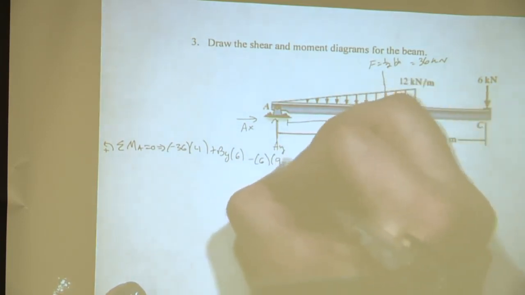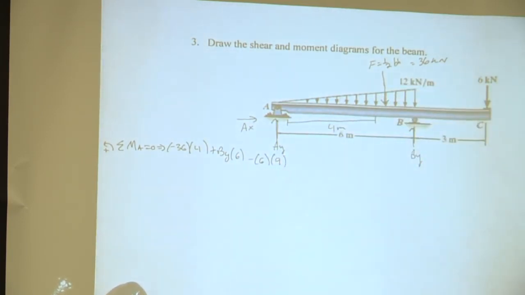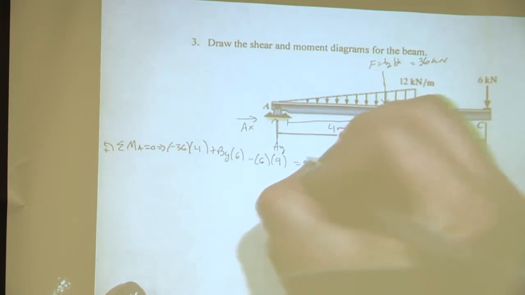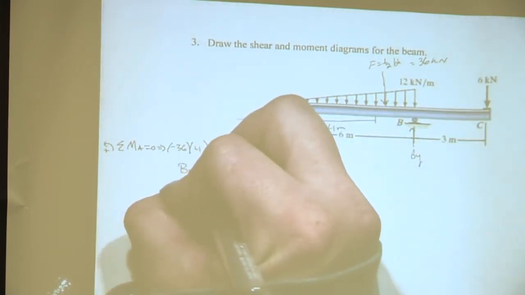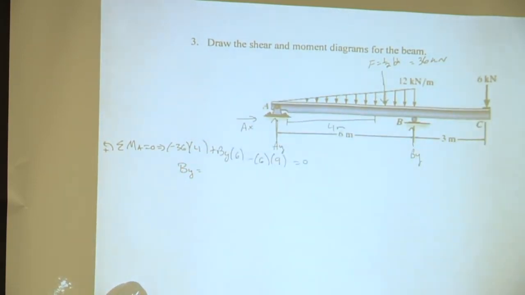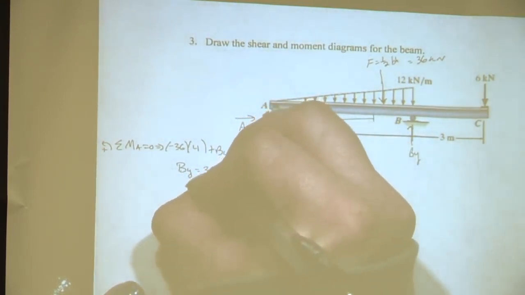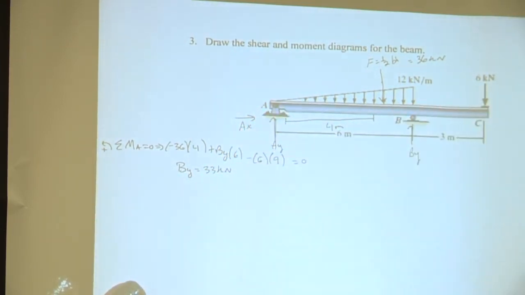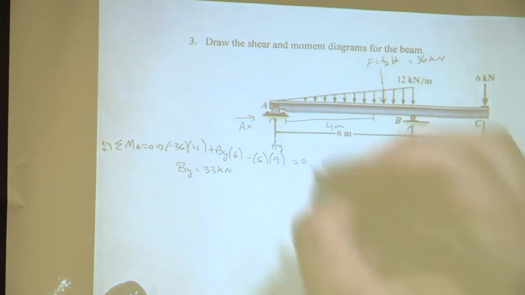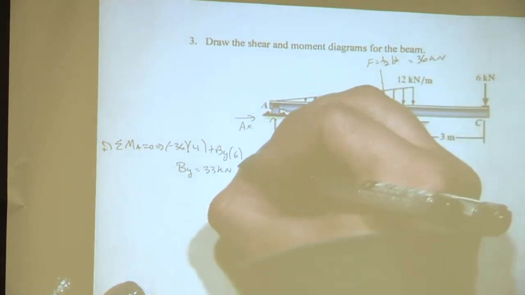Awesome. So 6 times 9 is the perpendicular distance. Now, is that everything in our equation? Yes. And then what will that give us for By? 33 kilonewtons, yes. And what does positive mean? Awesome, so it means our orientation was correct, so it is going up.